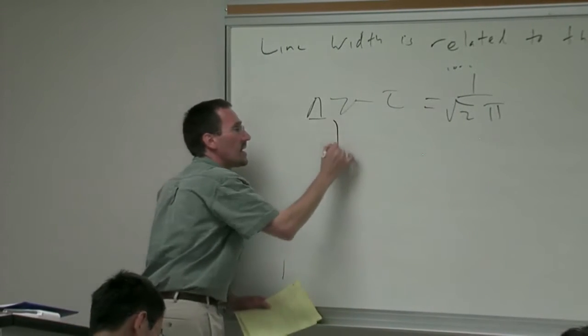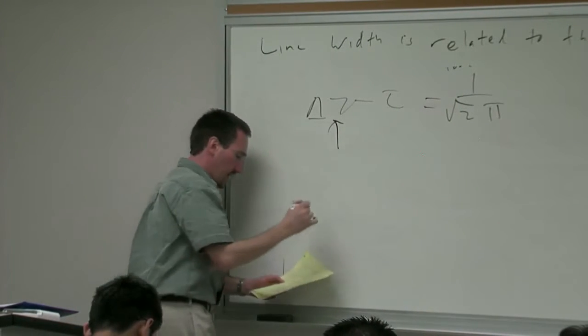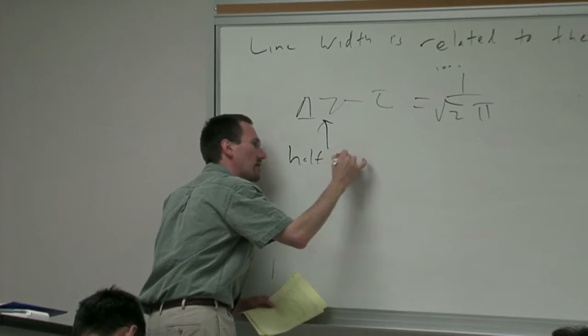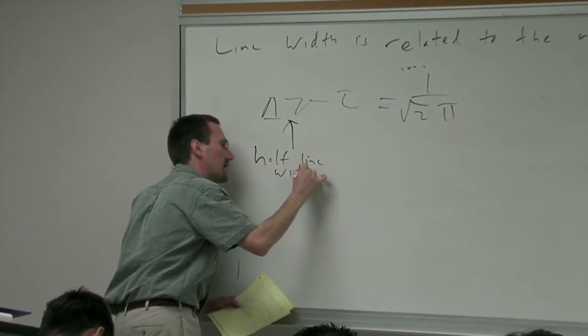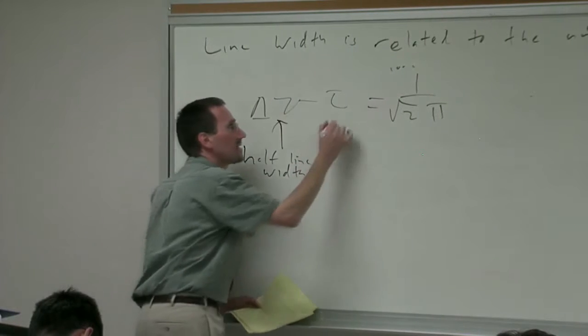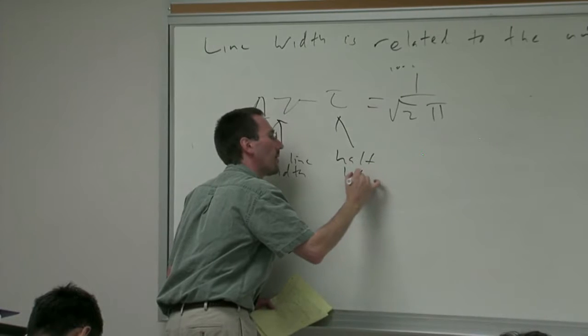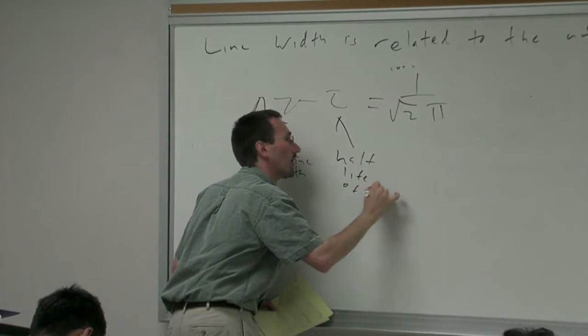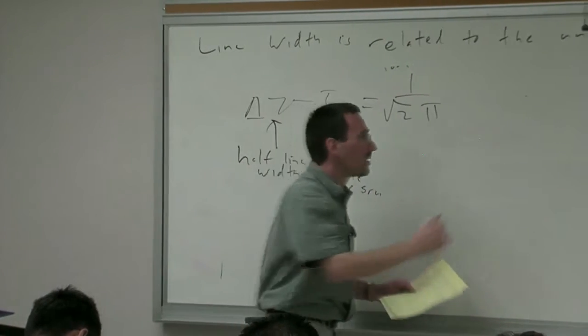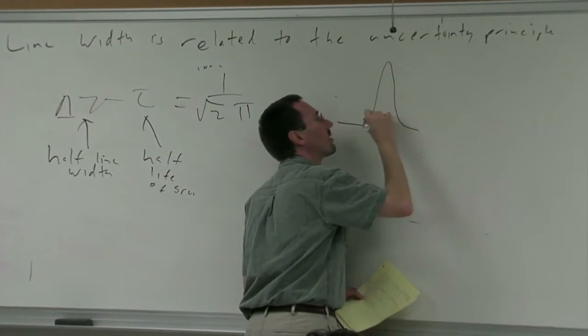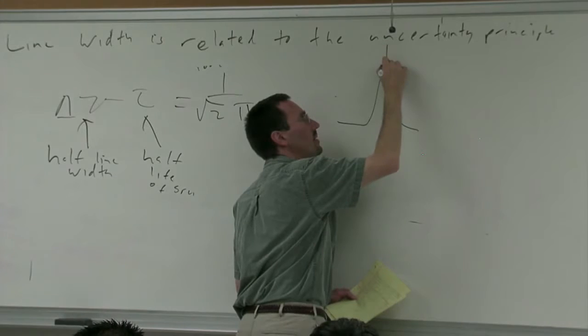I'll call this the half line width, and you'll see why in a second. And tau is the half-life of the spin. So let's come back to our Lorentzian line shape.